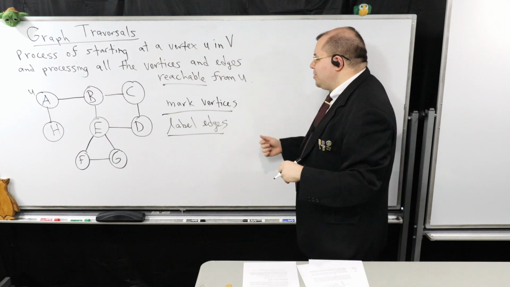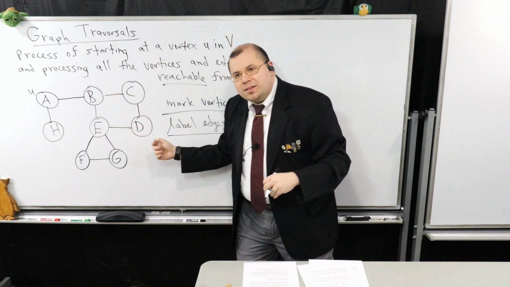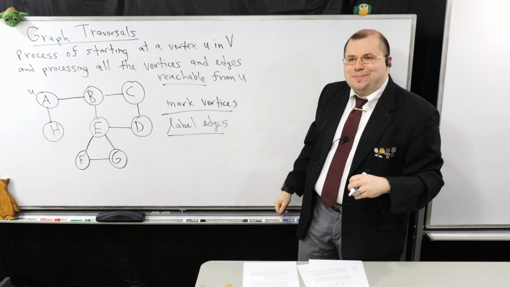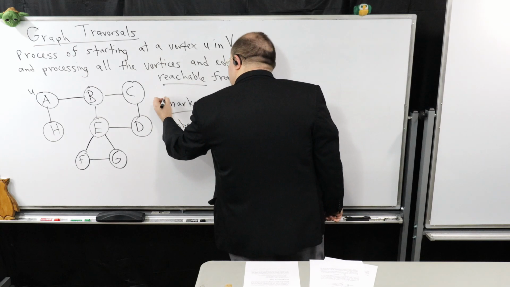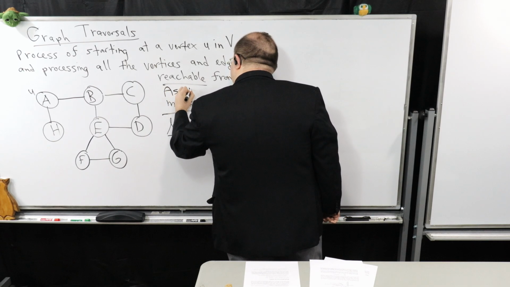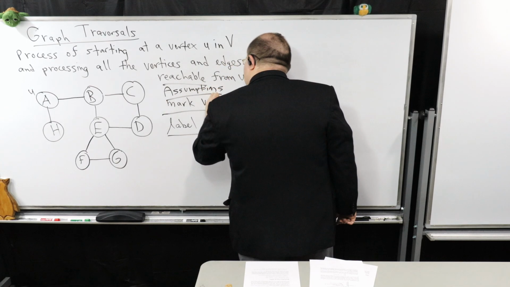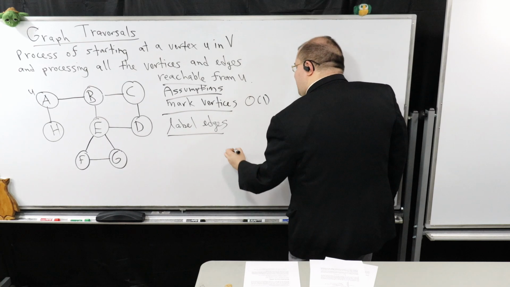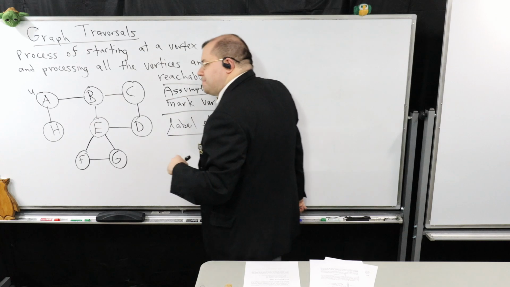So I would like to label all of the edges that could be along some path to a vertex that's reachable from my starting point, in this case, u. Now, the assumption I'm going to make, and we can make this assumption with all the data structures I've shown you, is that to mark a vertex, I can do this in constant time, and to label an edge, I can also do this in constant time.